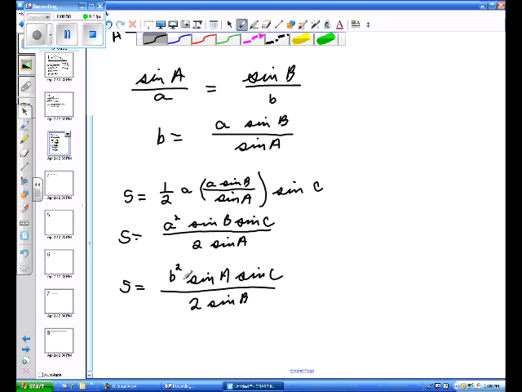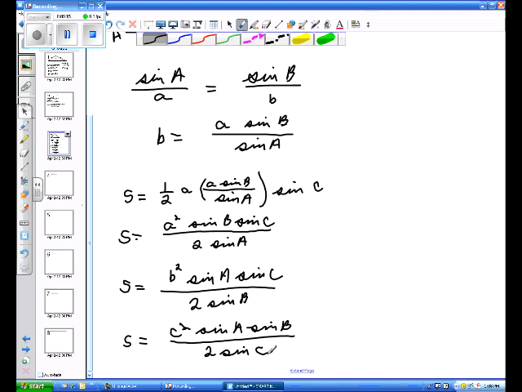So it's two angles and the included side, divided by twice the sine of that angle. If we were given side C, then it would be C squared times the sine of A times the sine of B divided by 2 sine C.